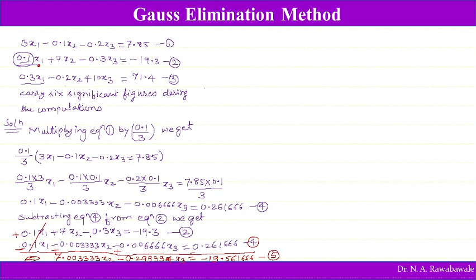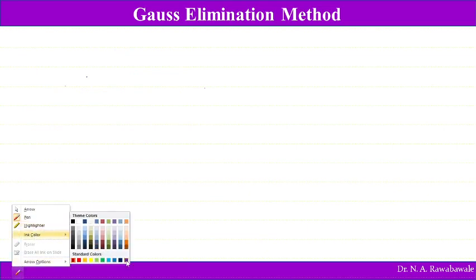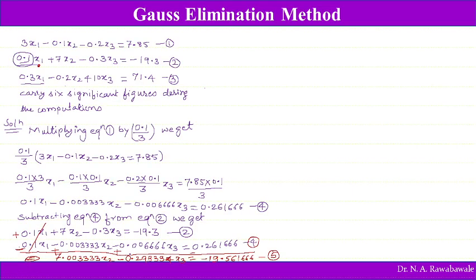Now coming to the next step. Once again, we want to reduce the x1 term from the third equation to 0.